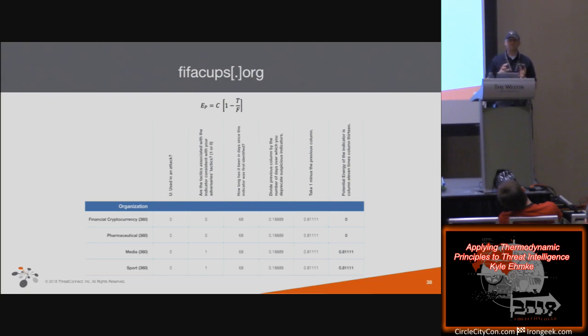Given that FIFAcups.org is consistent with previously identified Fancy Bear tactics, including the use of a suspicious name server and dedicated server, media and sport organizations have a 1 for that C variable, while the other organizations have a 0. Ultimately, their potential energy score ends up at a 0.811 based off of this suspicious deprecation period.